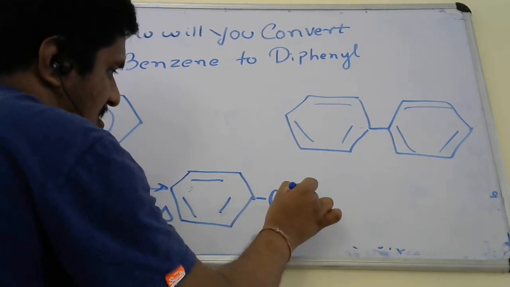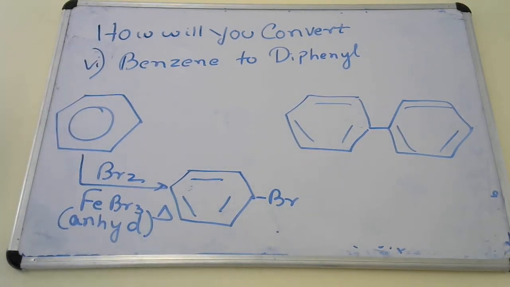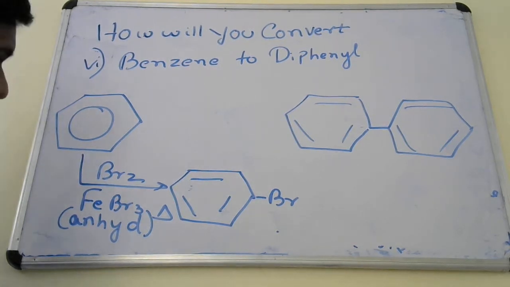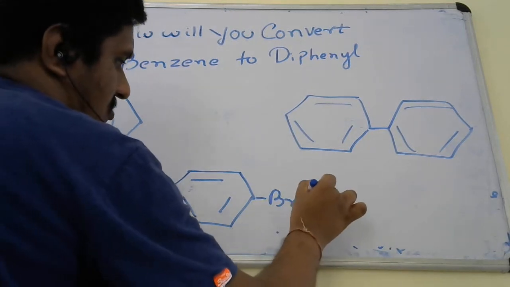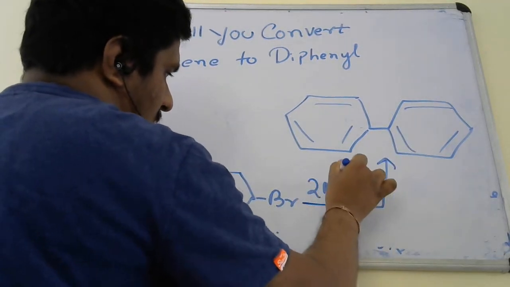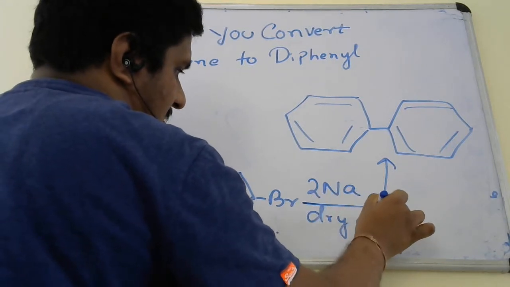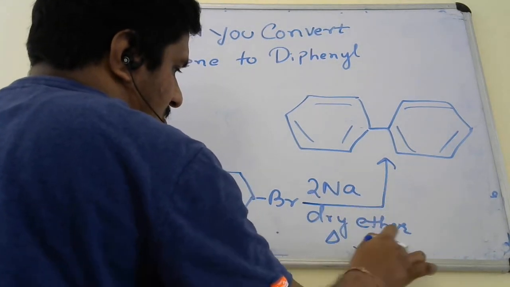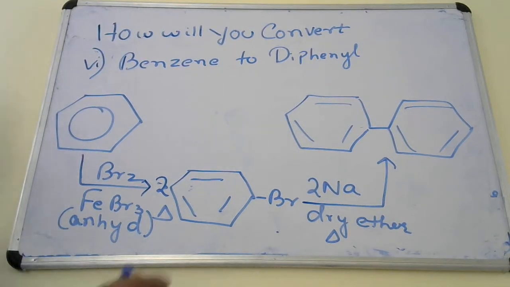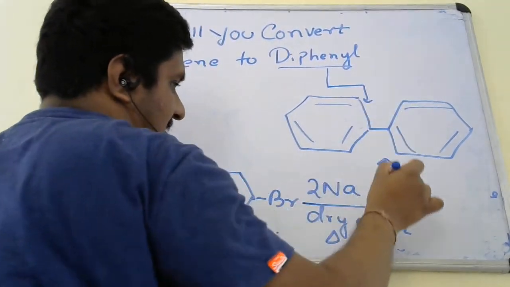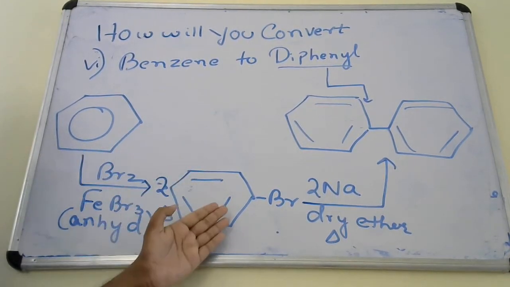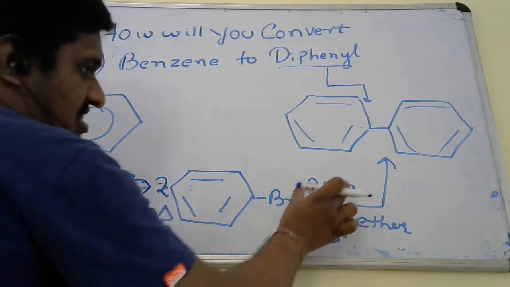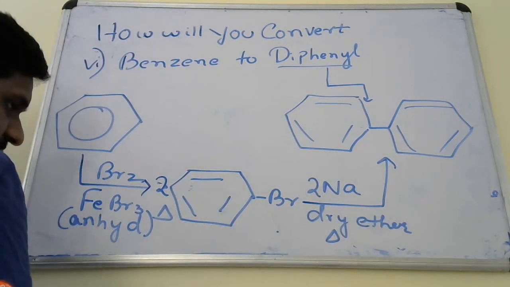Now you treat 2 molecules of bromobenzene with sodium and dry ether, heat, and you will get diphenyl. 2 molecules of halobenzene in presence of sodium and dry ether, heat.